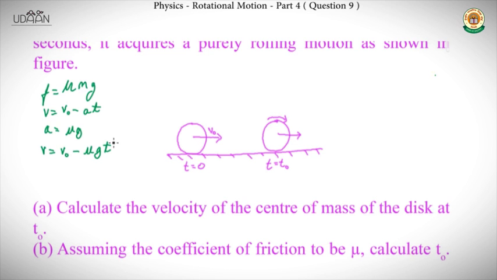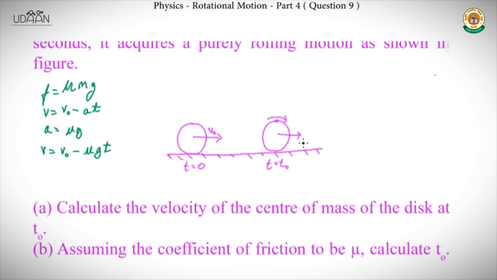Now we know an expression for the velocity of this body at a certain time t, until it has started rolling, because when the body has started rolling, the frictional force will become 0, as the point of contact of the body with the ground is now at rest. So there will be no frictional force.